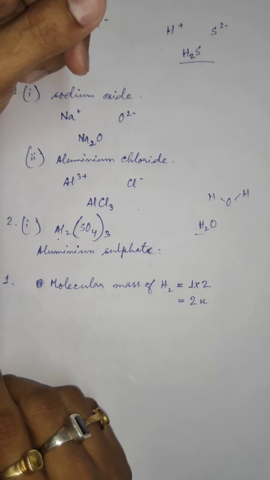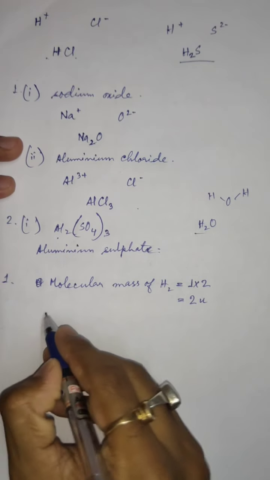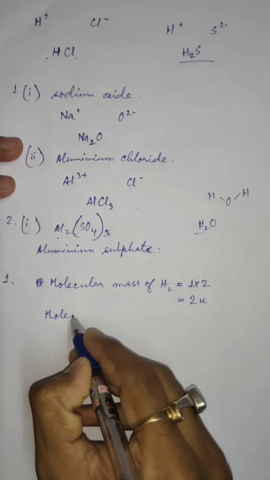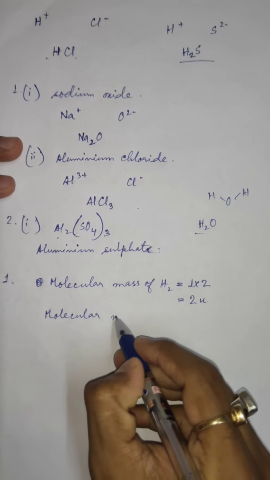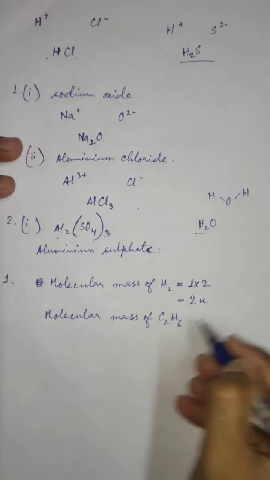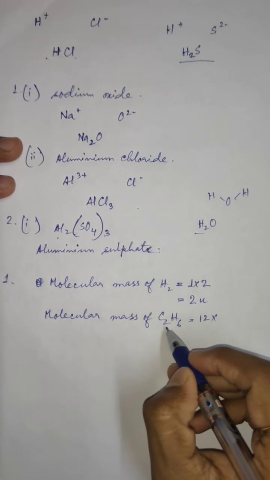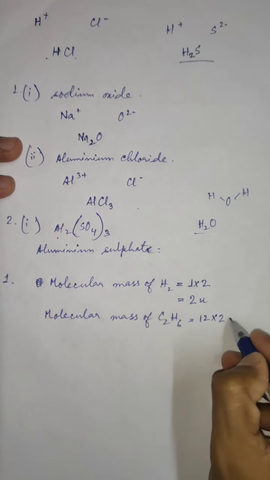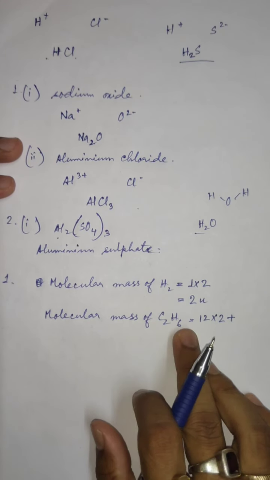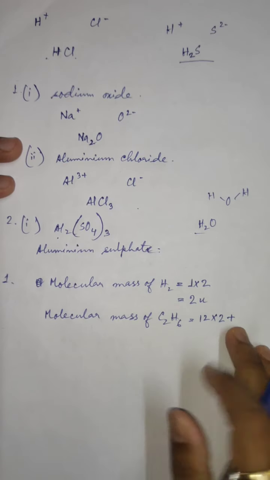Similarly oxygen, chlorine you can write. I am showing you C2H6. Carbon is 12, the atomic mass of carbon is 12, and in the suffix it is 2, so 2 will be multiplied. When we move to the next atom, we put the plus sign.